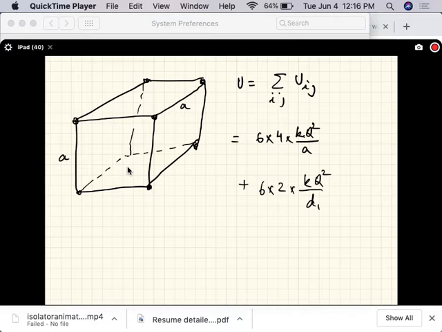Plus, now you have to calculate the potential energy between these pairs. How many of those pairs do you have? You should have 4, 1 from each corner to the opposite corner. So 4 times kQ squared over d2.